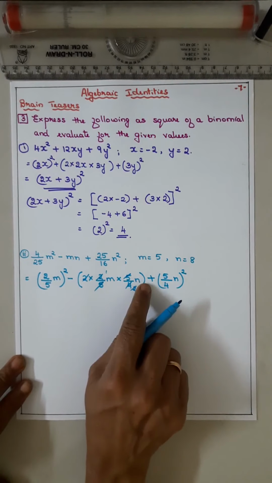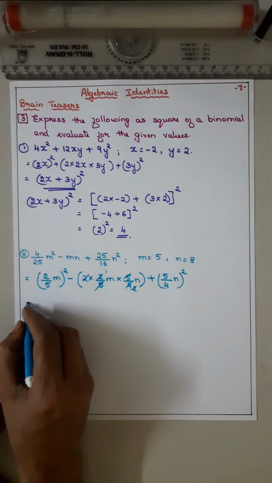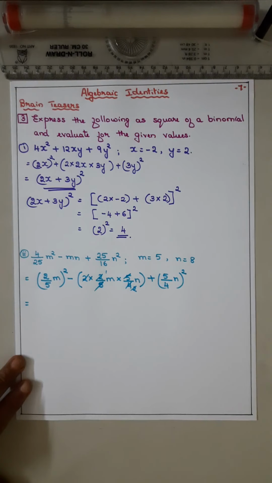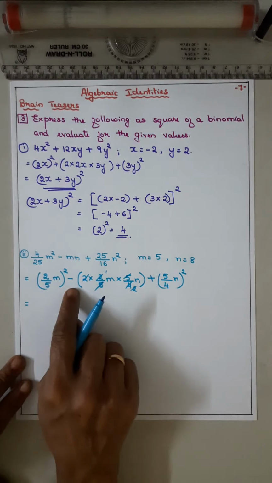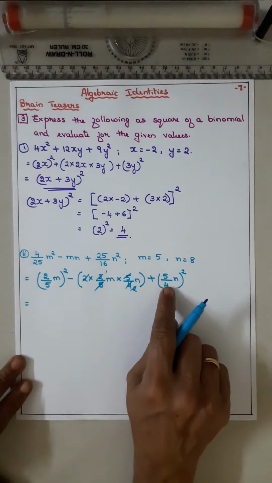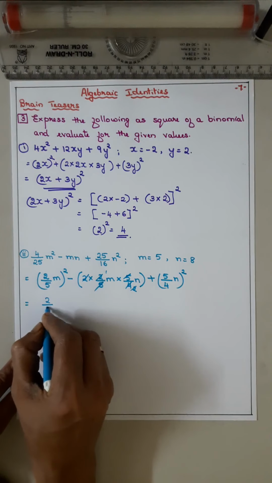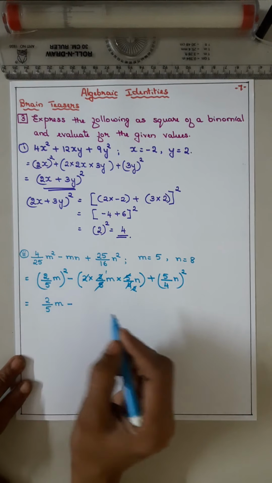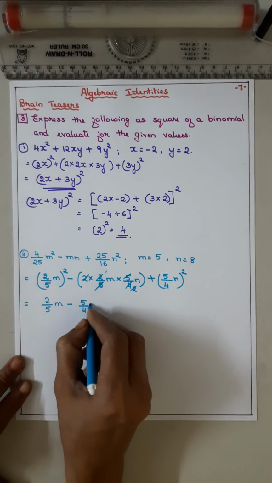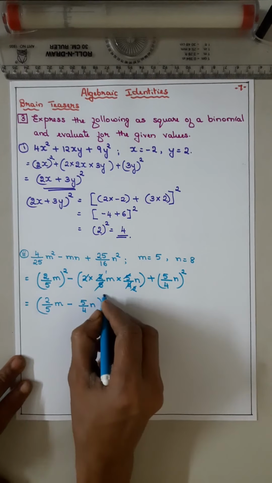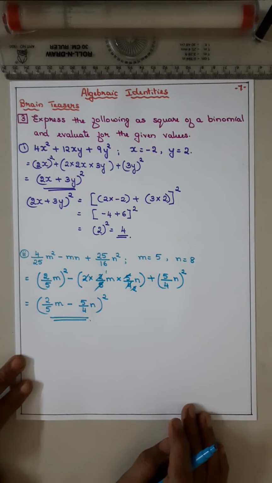That is minus mn. So now a minus b the whole squared is equal to a squared minus 2ab plus b squared. So a is 2 by 5m and b is 5 by 4n, and the whole squared. This is the binomial what we got.